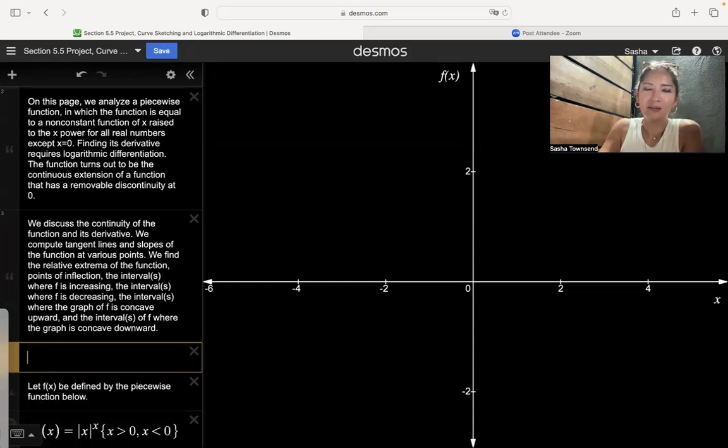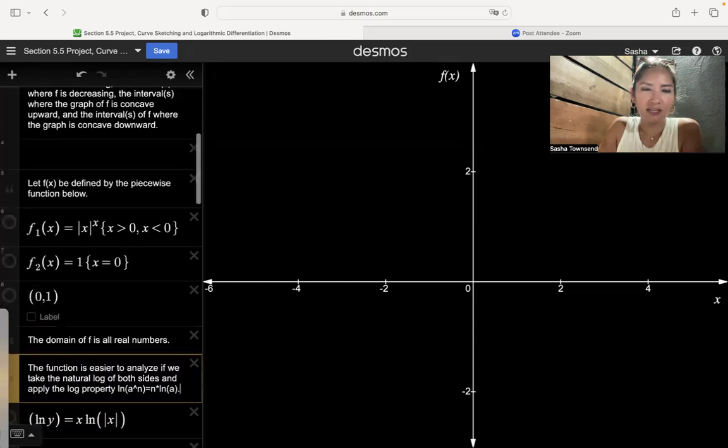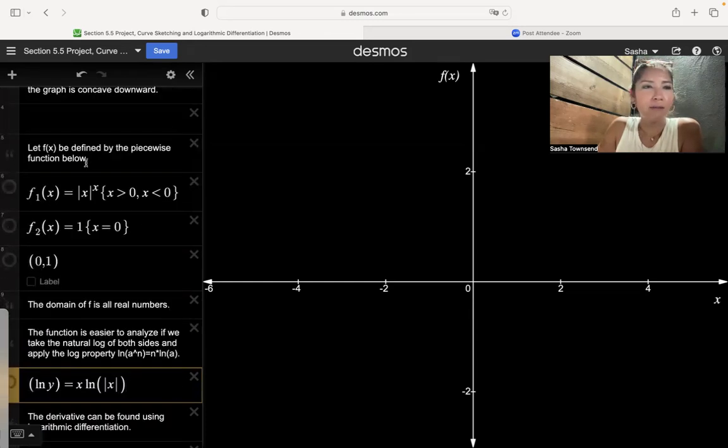I've actually written up our section project in Desmos on this particular page. So f was defined as a piecewise function. I couldn't actually figure out how to use Desmos's piecewise function notation, or I actually chose not to. So I have actually defined the two pieces myself.